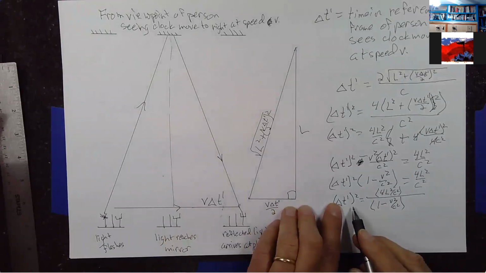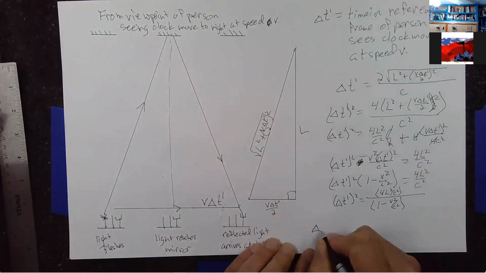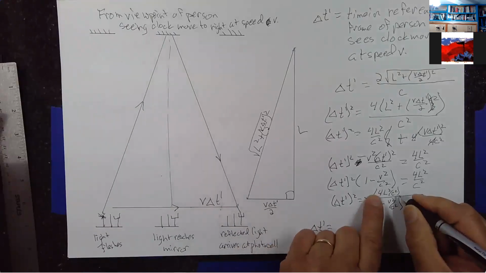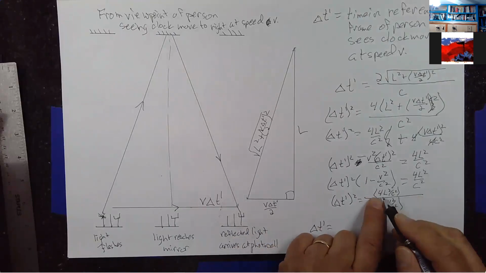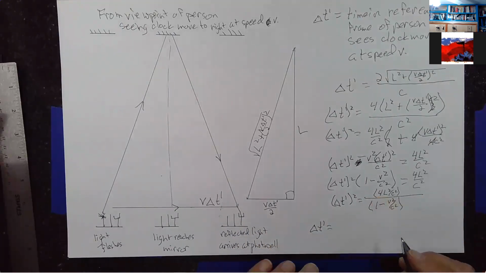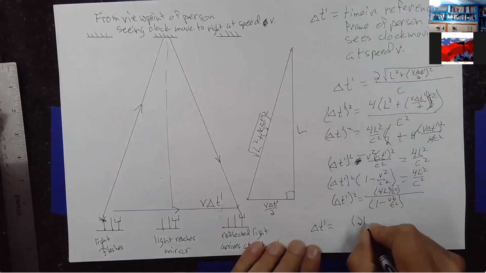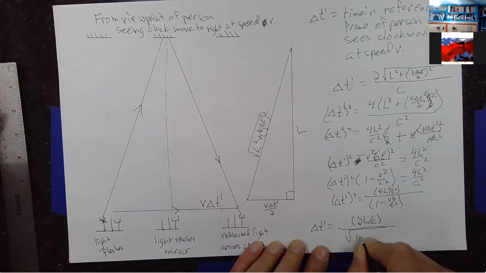Delta T prime will equal the square root of the thing on top, which is 2L divided by C. Square root of 4 is 2, square root of L squared is L, and square root of C squared is C. So the top has 2L divided by C, and the bottom is the square root of 1 minus V squared over C squared.